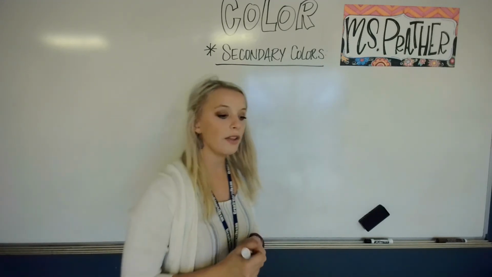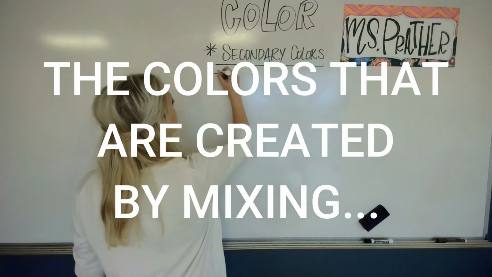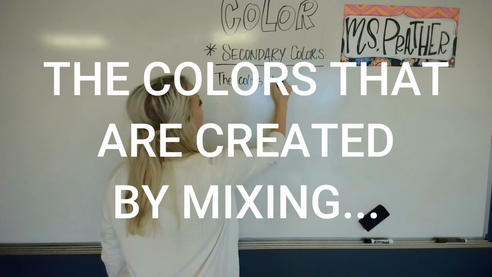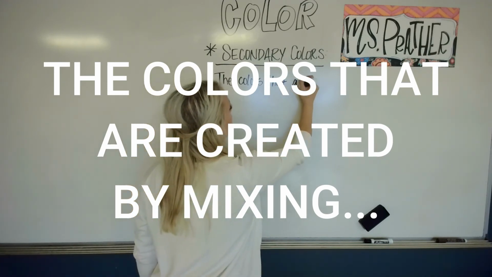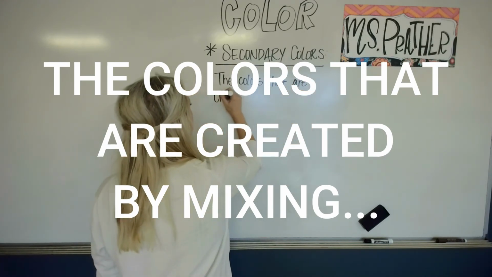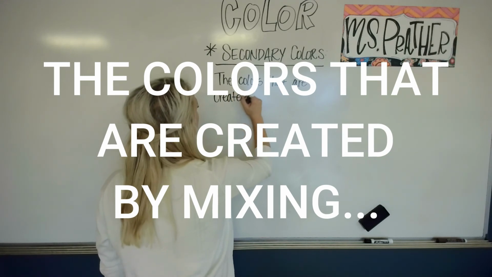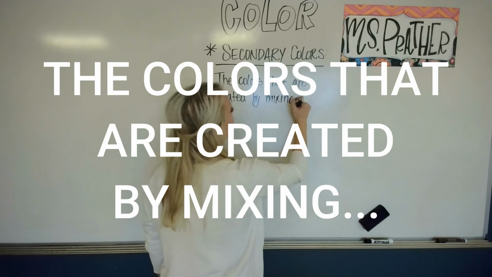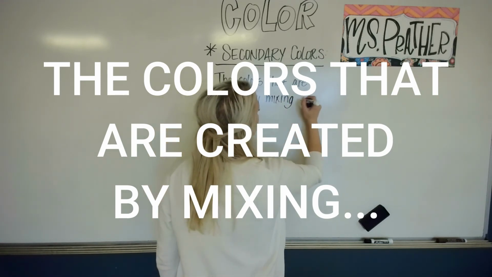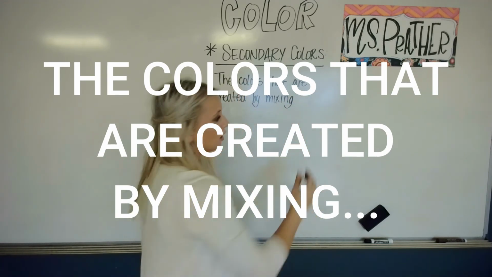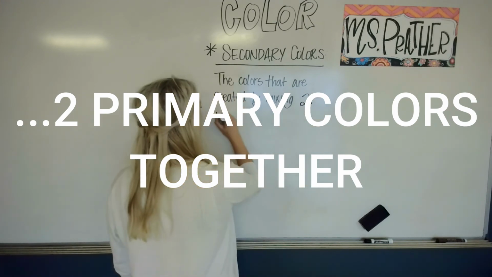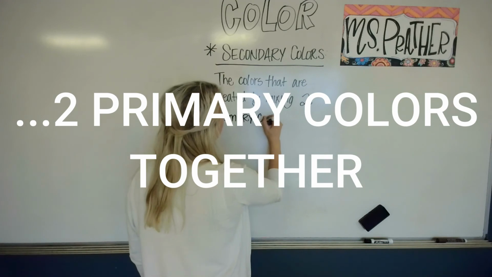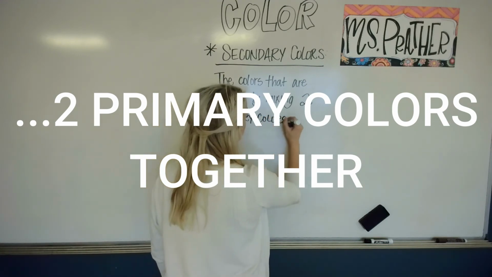Secondary colors are the colors that are created by mixing. Does anyone know what they're created by mixing together? By mixing 2 primary colors together. And remember, that was our color equations.